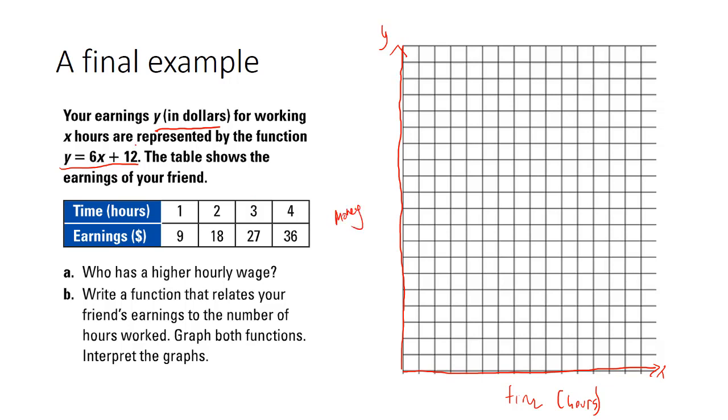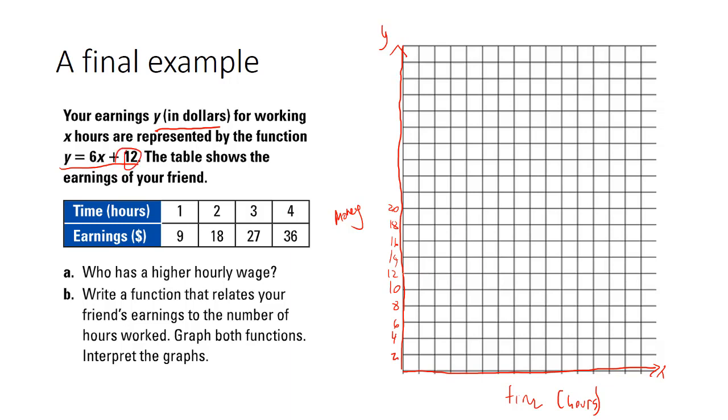Now, it says that you earn 6x plus 12. Well, I'm going to count by twos. 2, 4, 6, 8, 10, 12, 14, 16, 18, 20. And so if I look, here's 12. That's where you start.